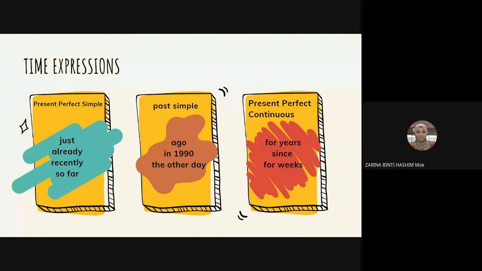It does not mention yesterday, just now, recently, or 4 years. There's no time expression. So since there is no time expression, which one should we choose? There's no specific time mentioned. So what's the answer for number 8?